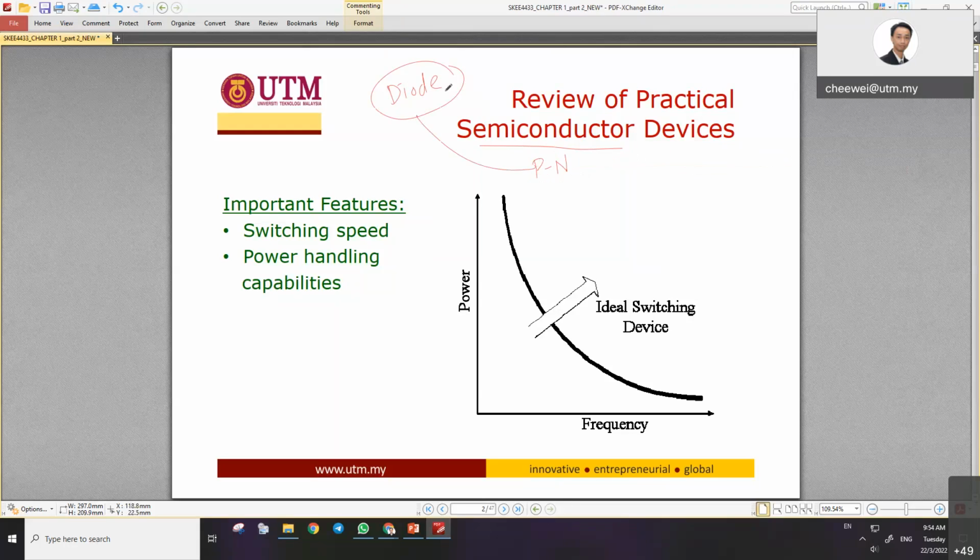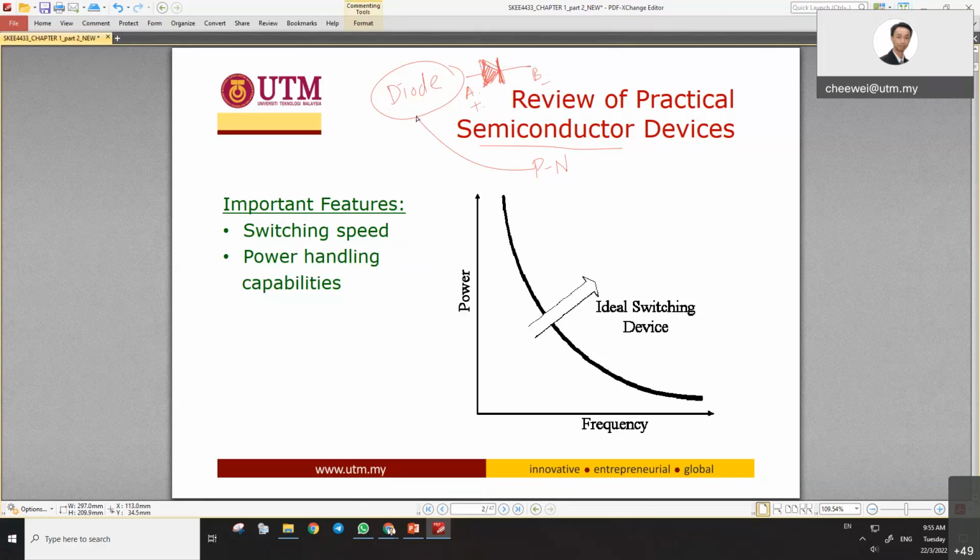What is the function of this diode? The symbol of a diode is a triangle plus a line. Which one is anode and which one is cathode? Anode is on the left side, cathode is on the right. A is anode, positive. B is cathode, negative.